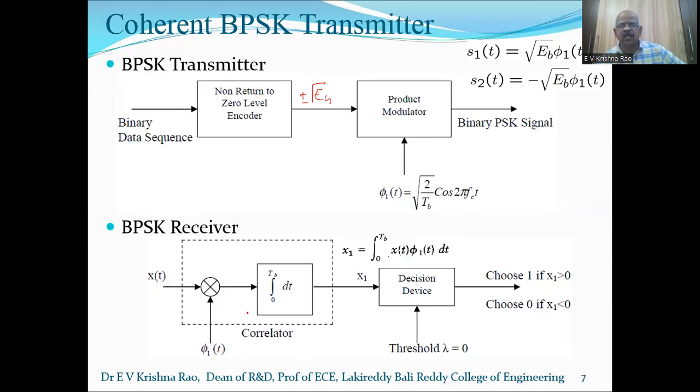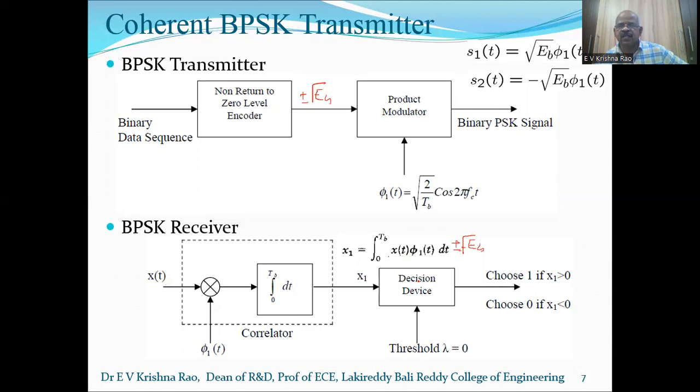So this is the correlator, just multiplying with the orthonormal basis function and integrating over the period 0 to TB. This is the integral of x of t phi 1 of t dt from 0 to TB. When we multiply by the orthonormal basis function, we get plus or minus root EB.